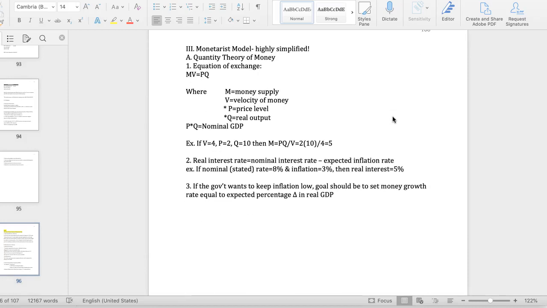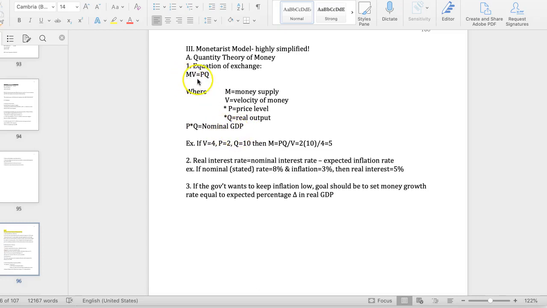This is very, very simplified. This is the quantity theory of money, the equation of exchange, where the money supply times the velocity of money, or how often the money changes hands, how often it moves through the economy, is equal to the price level times real output. And the price level times real output is nominal GDP, right?